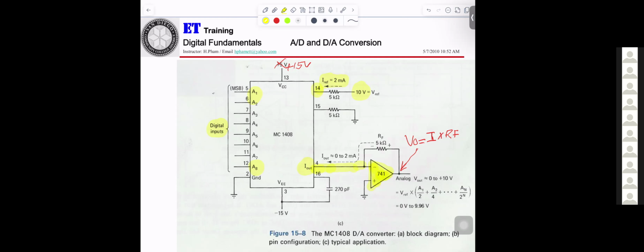What happens is inside the DA converter, they have circuitry connected to ground. That means they connect to the transistor. Okay? So the transistor will be connected to ground if it's working.